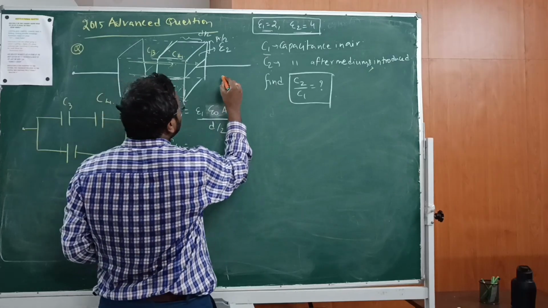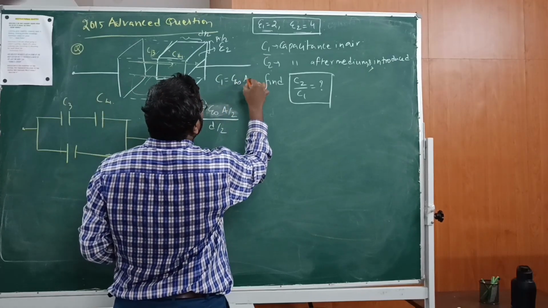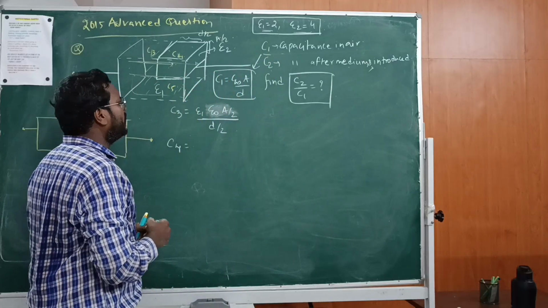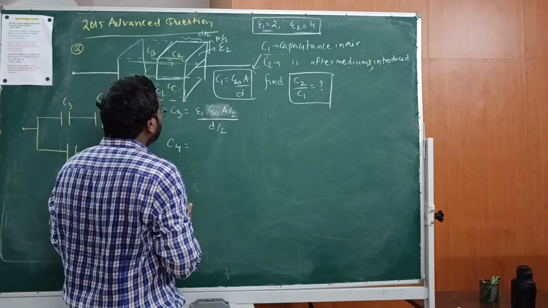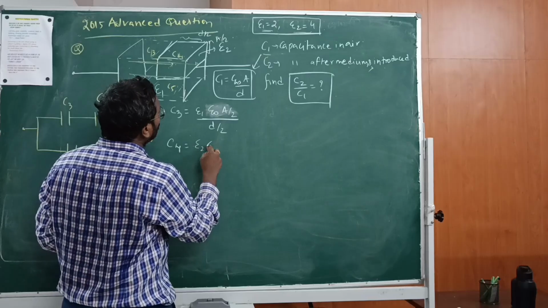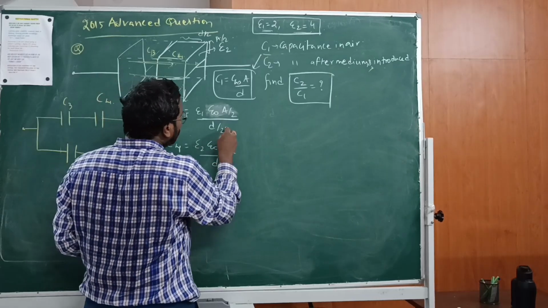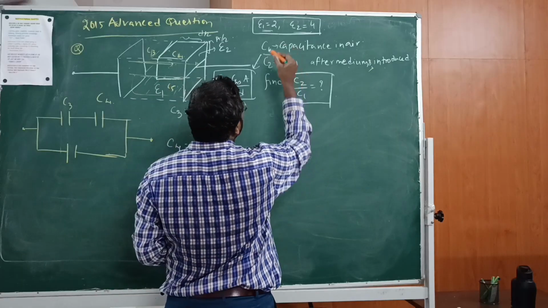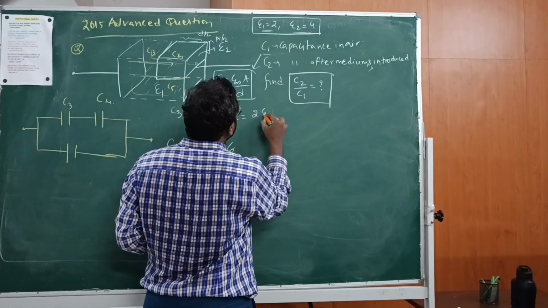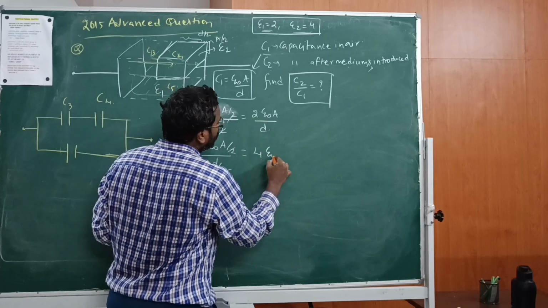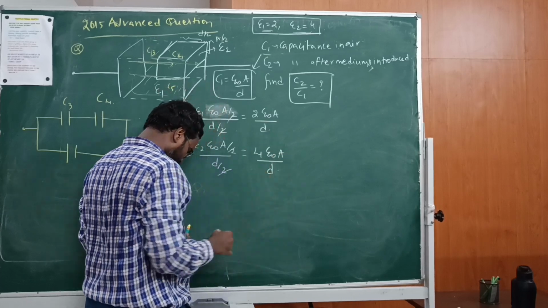C1 is epsilon naught A by D, when the entire medium is filled only with air. C4 is filled with dielectric medium epsilon 2, epsilon naught A by 2 by D by 2. 2 get cancelled here. E1 is given as 2 here. So 2 epsilon naught A by D. This is going to be 4 into epsilon naught A by D.